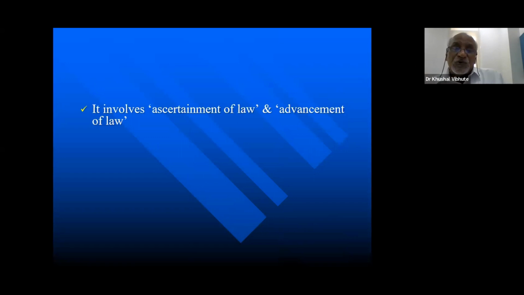Before I go to these 2 requirements, let me try to explain the term legal fact in the sense in which I'm using it. Legal fact can be a provision of law, a doctrine, a concept, a statute, an institution. Whatever may be the legal fact that you put to inquiry, that is a legal fact.